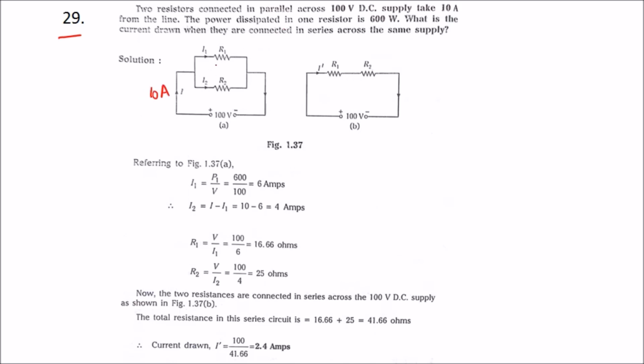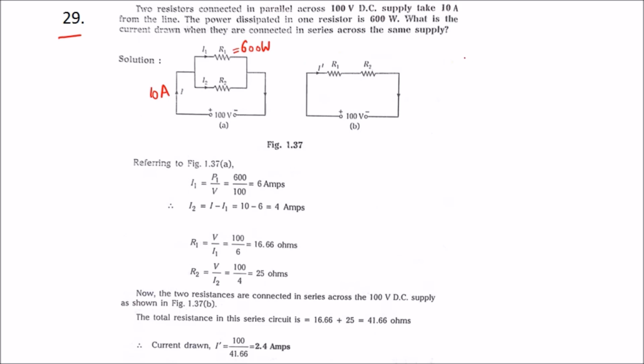The power dissipated in one resistor is 600. Let us take R1, where the power dissipated will be 600 watt. So we can find I1.